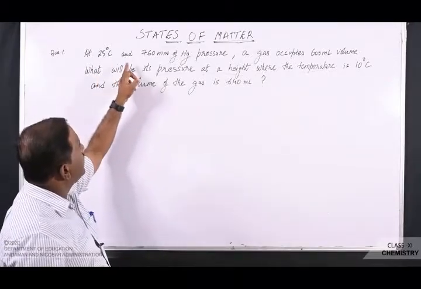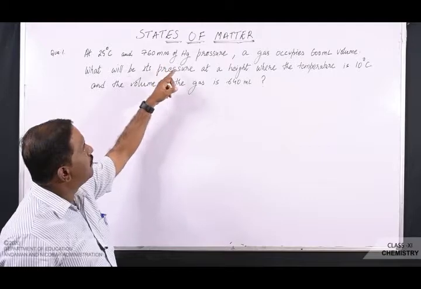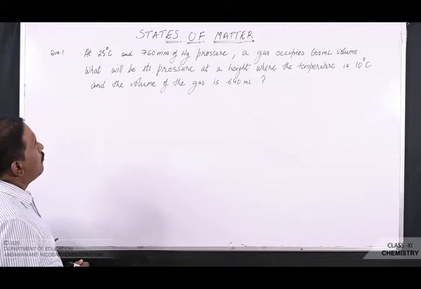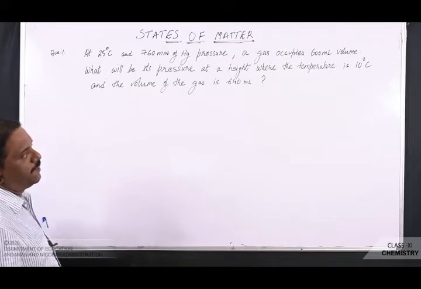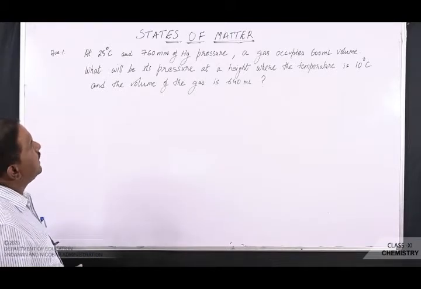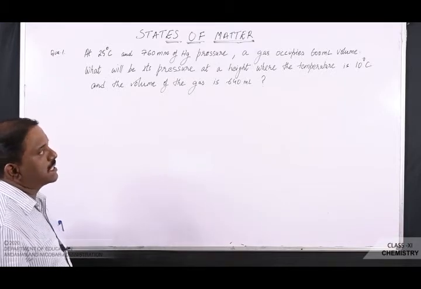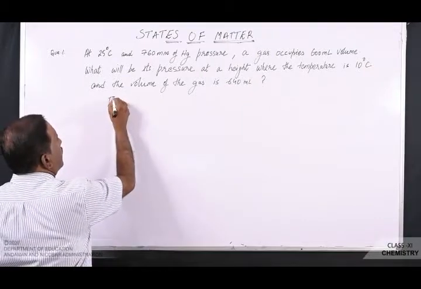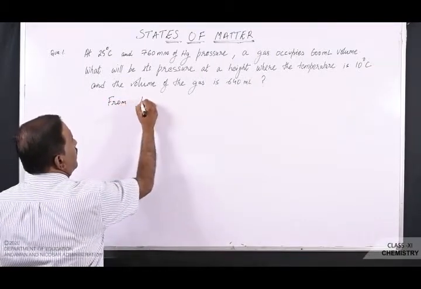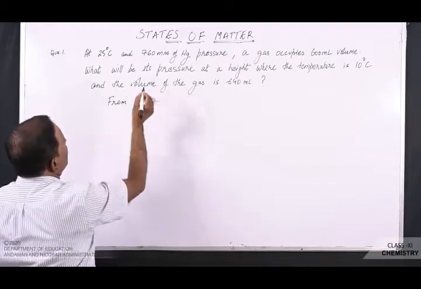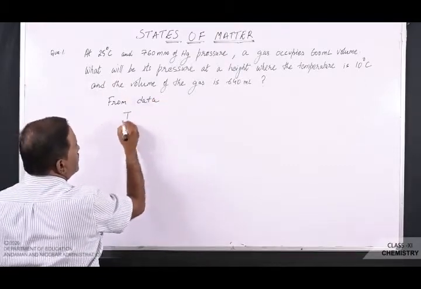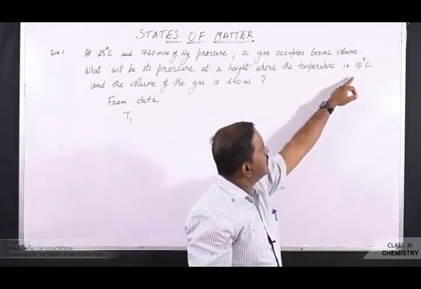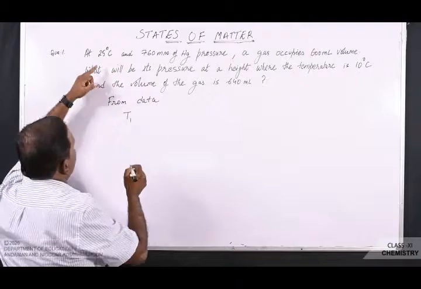At 25 degrees centigrade and 760 mm of Hg pressure, a gas occupies 600 ml volume. What will be the pressure at a height where the temperature is 10 degrees centigrade and the volume of the gas is 640 ml? So from the data, temperature is given. I'll write T1 and T2.